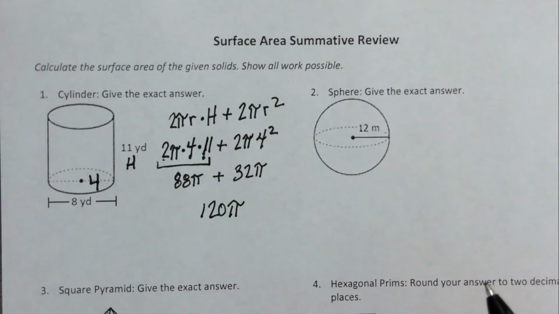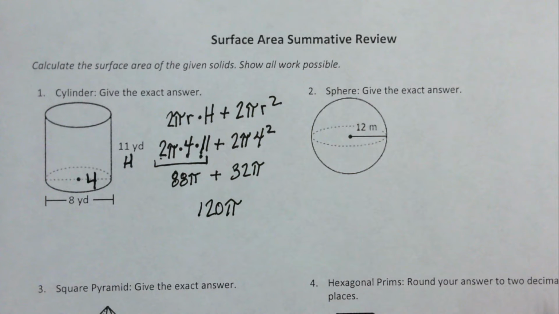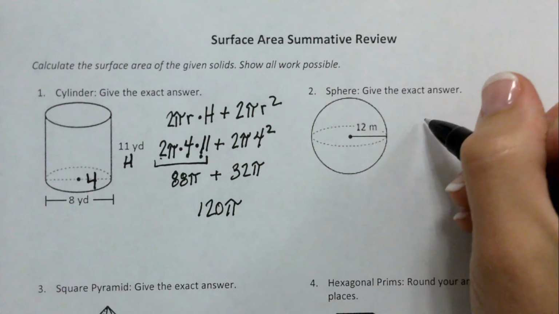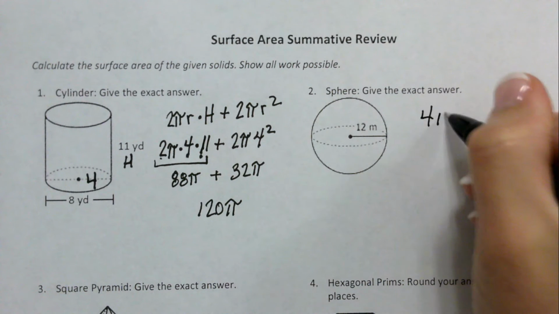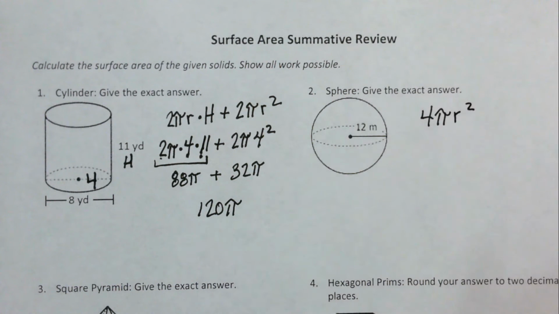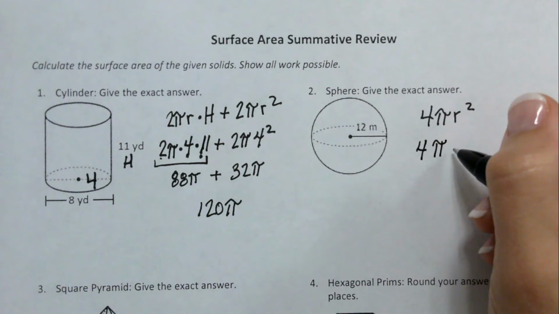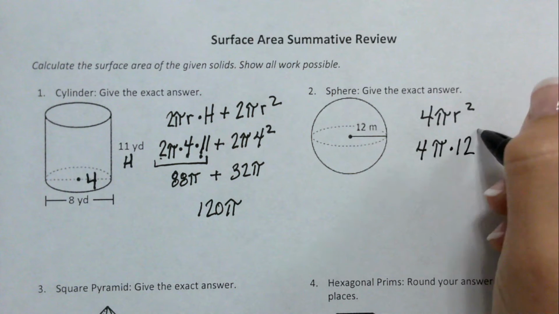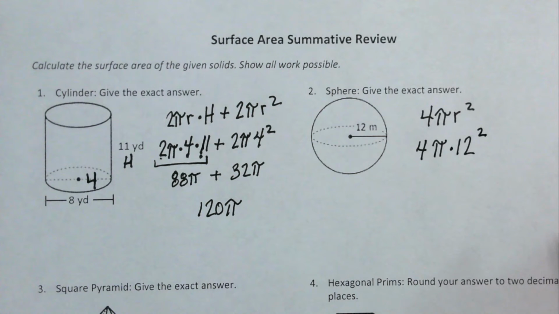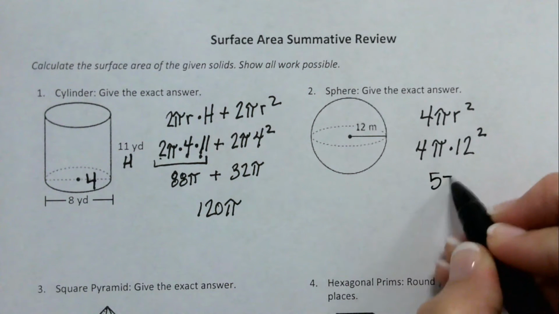For the sphere, this is the second level 1 question. The sphere is 4 pi radius squared. 4 pi, and then we'll multiply that times 12 squared. 4 times 144, or 12 squared, is 576 pi.